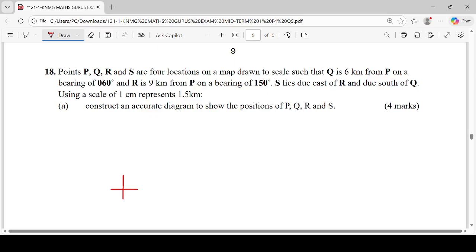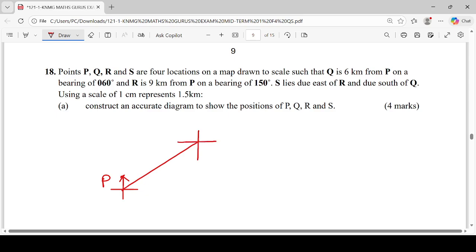This is my compass. That's the north. This is my point P. They are saying Q is on a bearing of 60 degrees. So when they say 60 degrees, remember we measure from the North Pole in the clockwise direction, like that. So once again, I want you to be very keen.